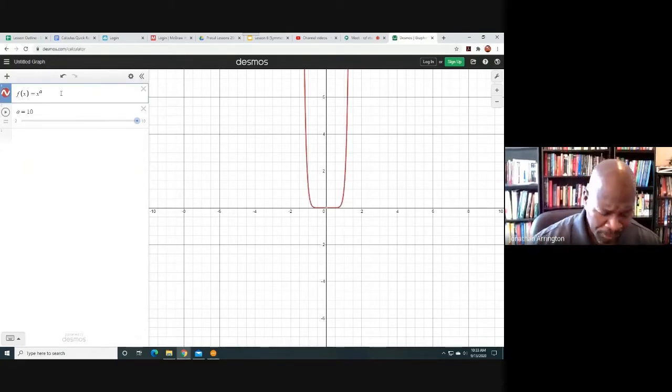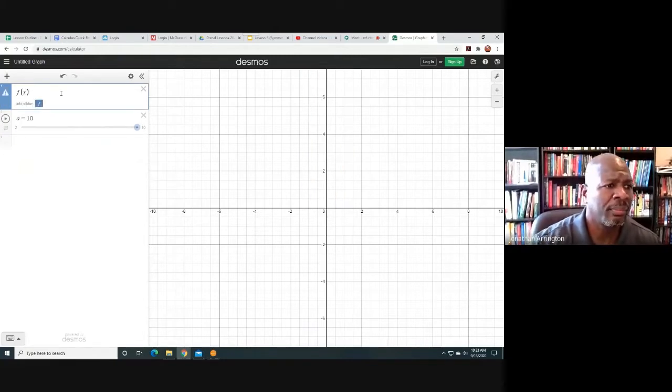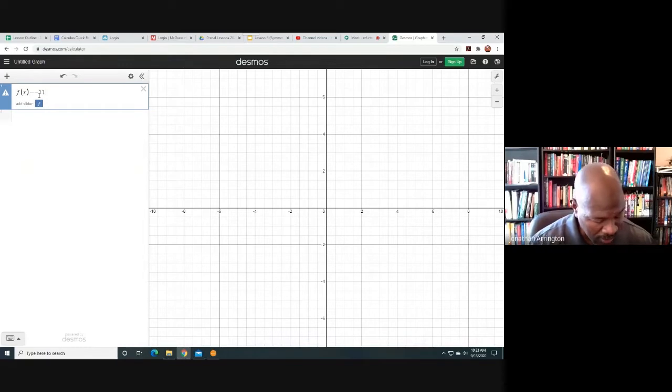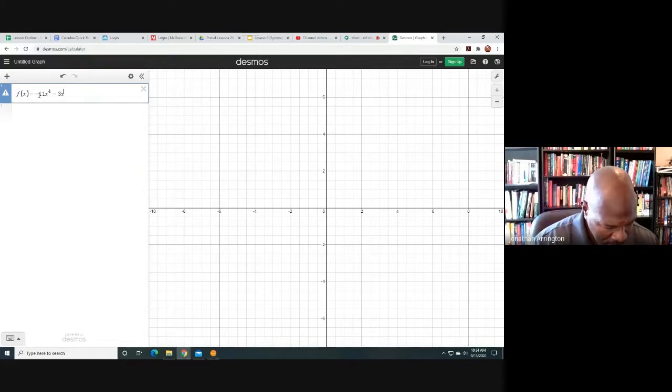And if we just throw in random polynomials, it doesn't matter about the coefficients, whether they're positive, negative, even, or odd. So if I get something like negative x to the 4th, and I want to do 40 minus 3x squared plus 1.